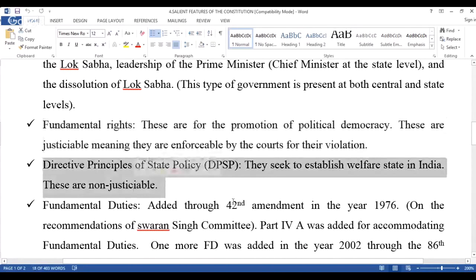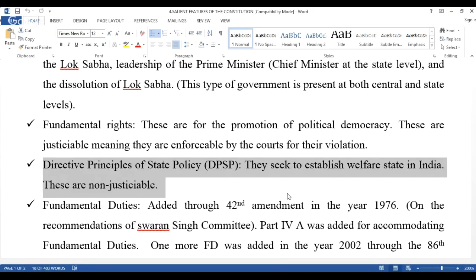Next is the directive principles of state policy. Yesterday we saw that we borrowed this from Ireland, the Irish constitution. Next, look at this. They seek to establish a welfare state in India, and these are non-justiciable.